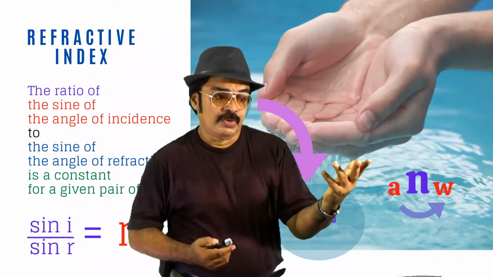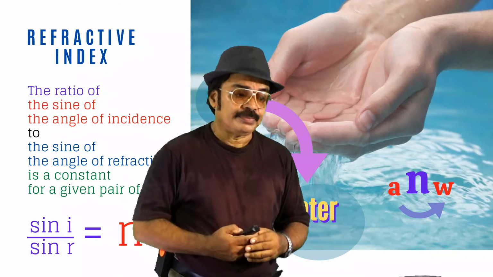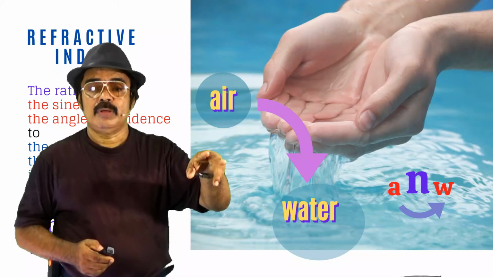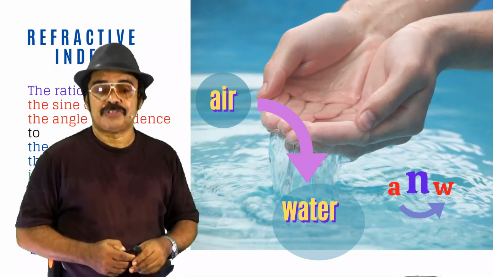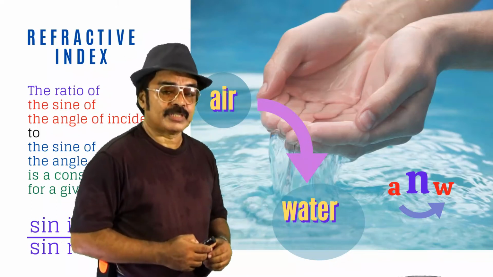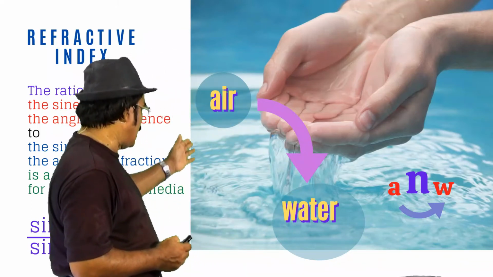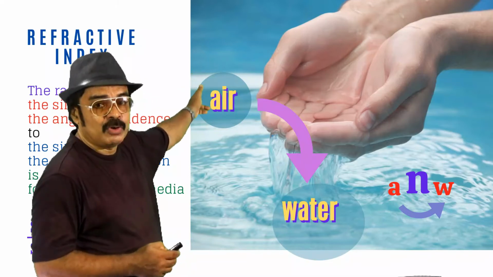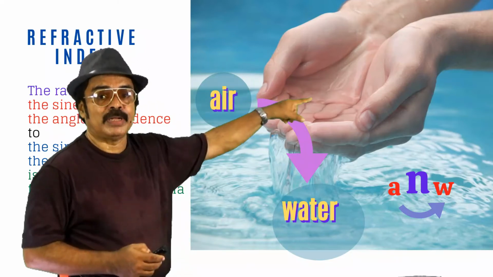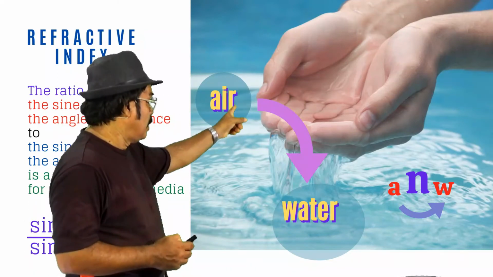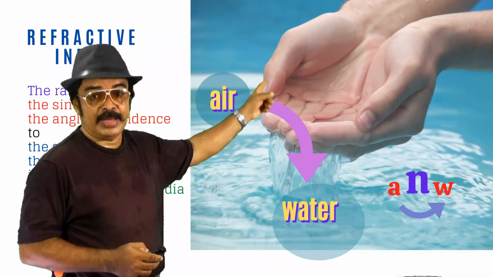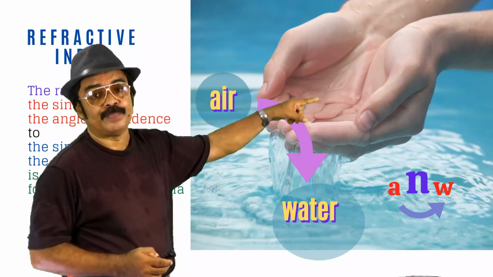When light goes from air to water, we use a and w as suffixes. So sine I divided by sine R equals n, but when light goes from air to water, we write n as aNw. The meaning is light going from air to water. If light is going from water to air, that is wNa. That's it.